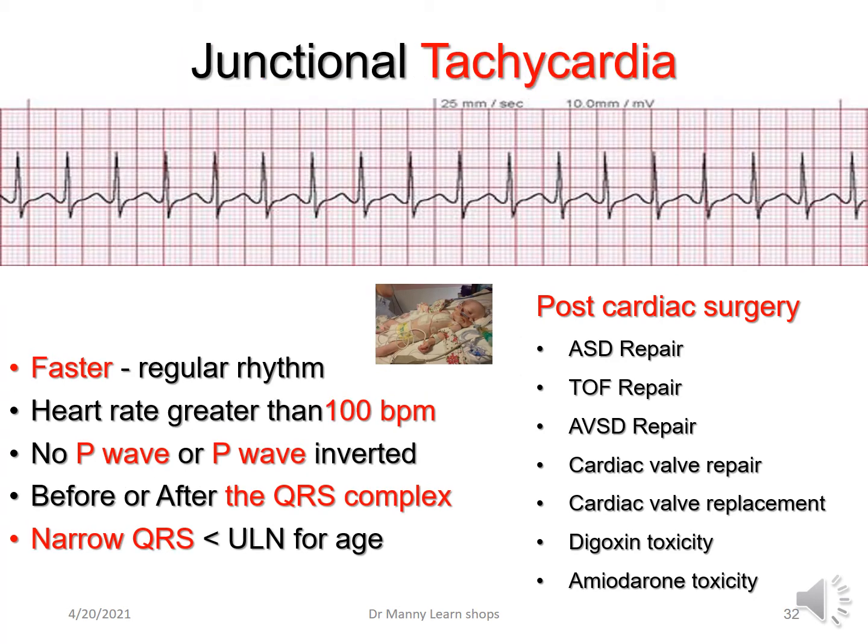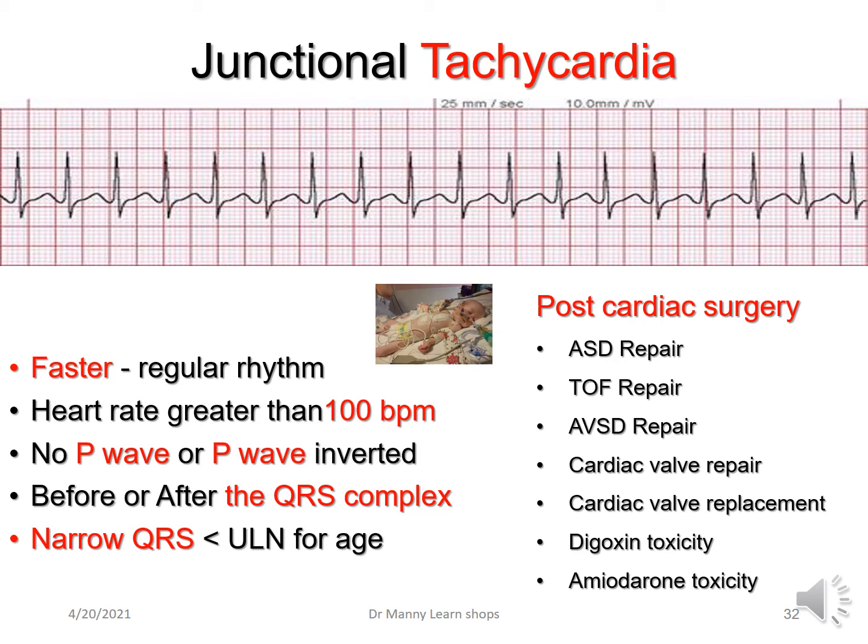A junctional tachycardia has got the same criteria, except for some reason the heart rate is greater than 100. Junctional rhythms, we said, typically have heart rates between 40 and 60 beats per minute. If it's accelerated, it's faster. If it's a tachycardia, it's even faster.